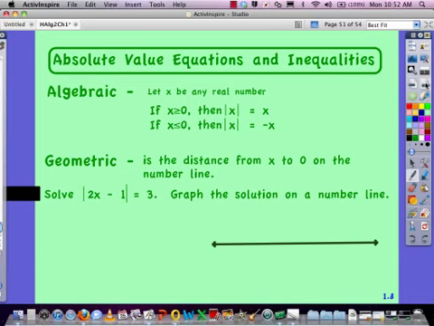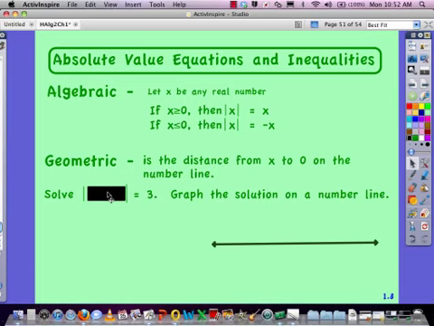So if we were to solve a basic absolute value equation, you would look at something like this, where we say the absolute value of 2x minus 1 has to equal 3. So you'd be thinking all the numbers inside this absolute value bar that will make this true have to come out to be equal to 3.